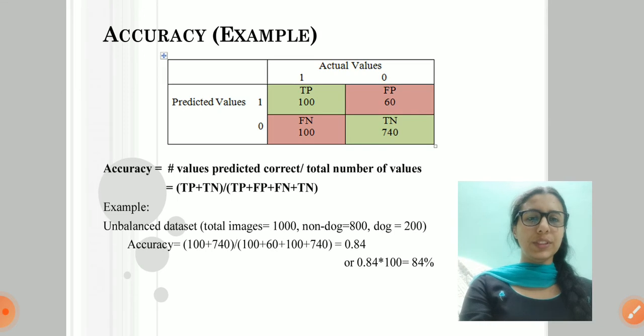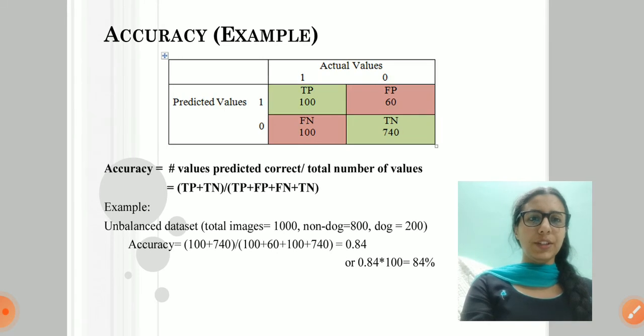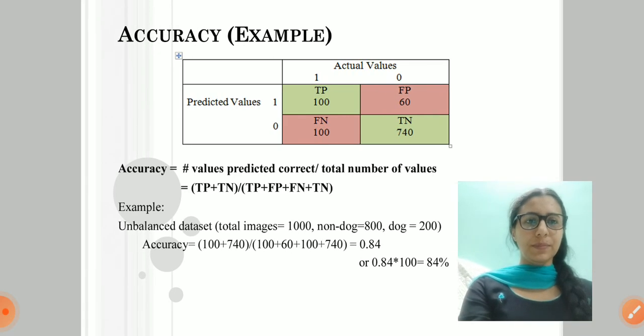More images are predicted correctly by the system which are non-dog images. So its accuracy is 84%.